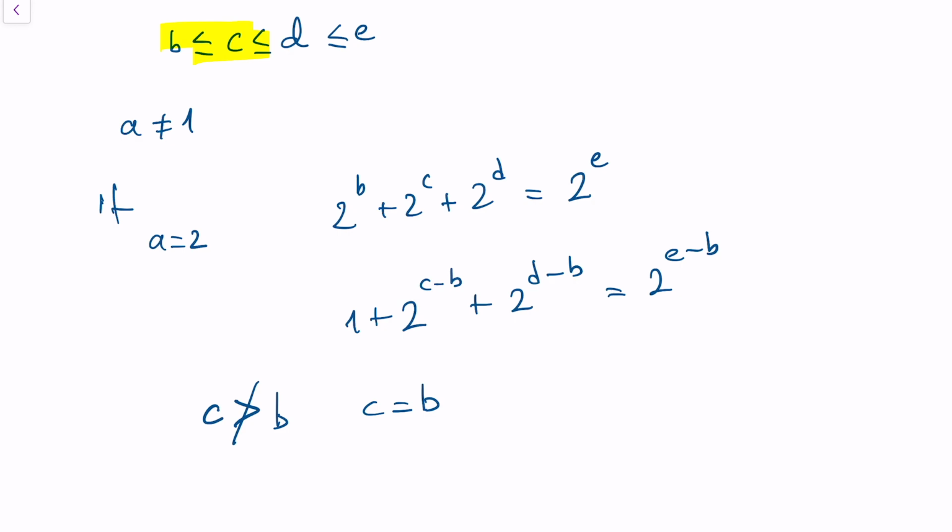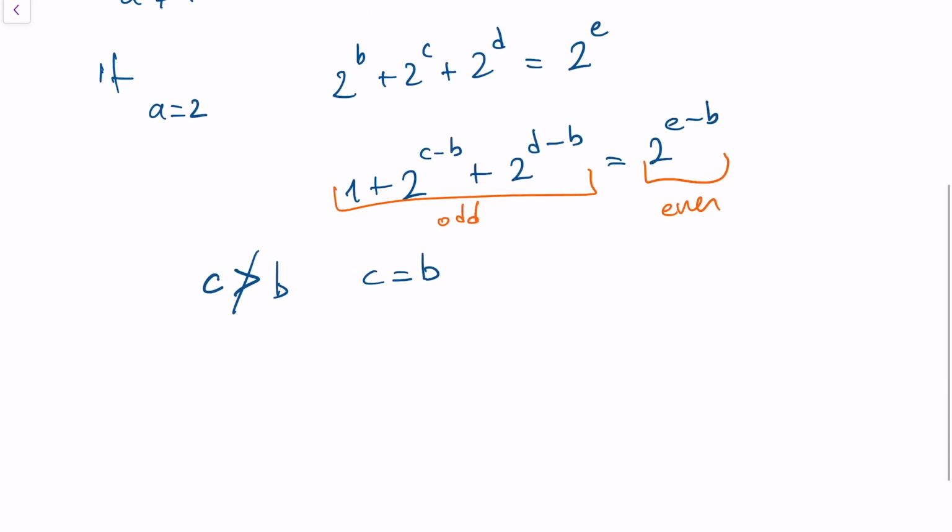One way to see it is that if c is greater than b, then d and e are also greater than b. So on the right-hand side we have an even number, and on the left-hand side we have an odd number, which cannot be true. We could use a divisibility argument as well, but I think this is good enough.